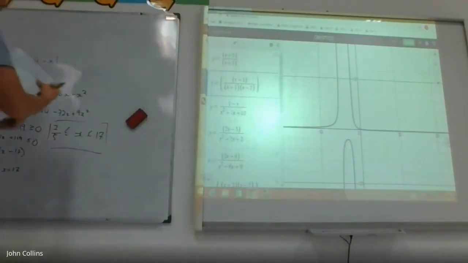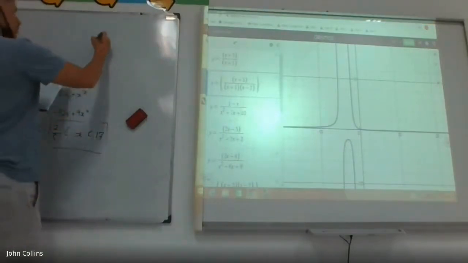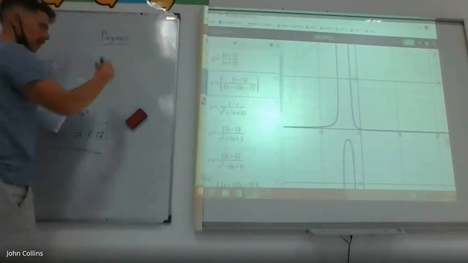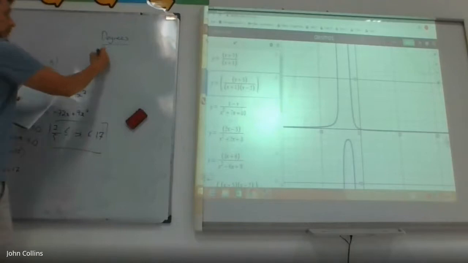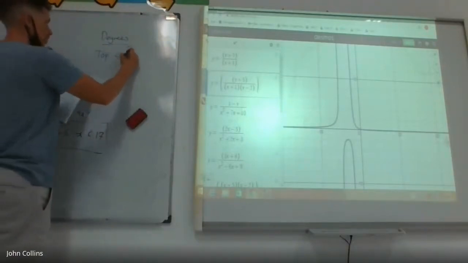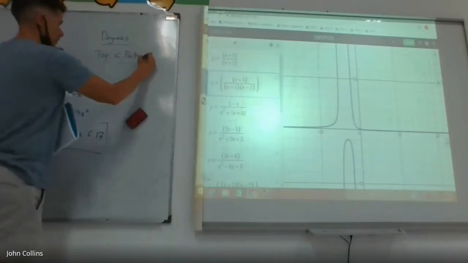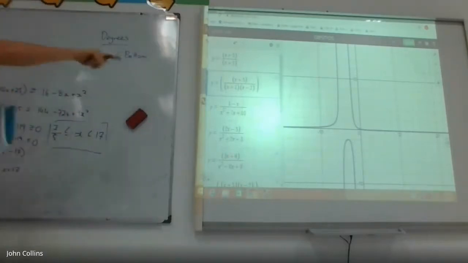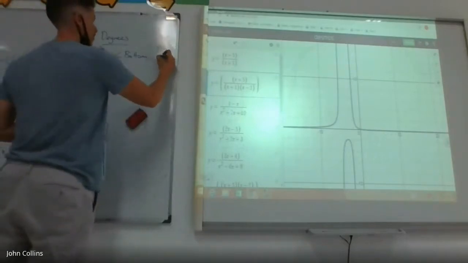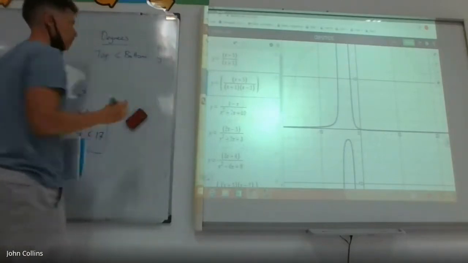What you can always say, so I'm talking about degrees. In other words, x squared is degree 2. If the top degree is smaller than the bottom degree, which is the example we have here, then the horizontal asymptote is y equals 0.